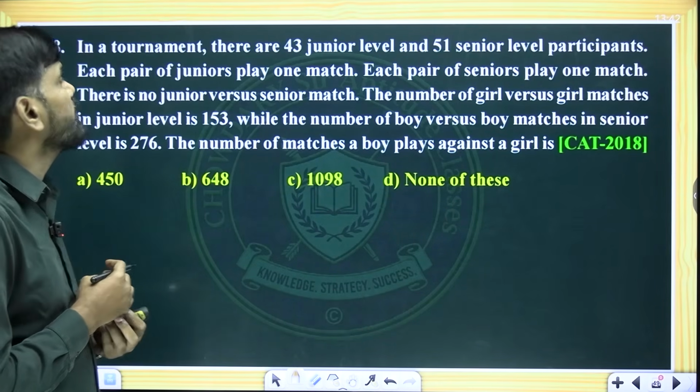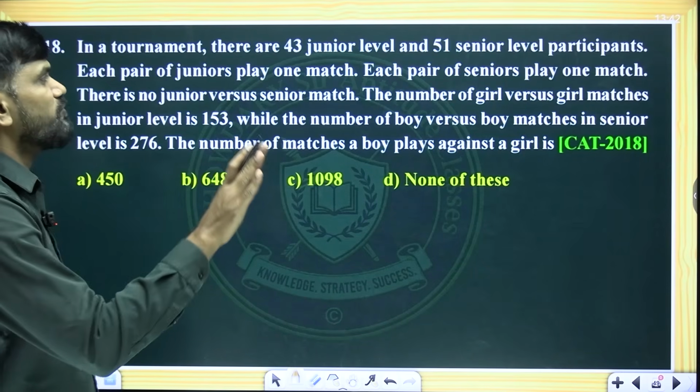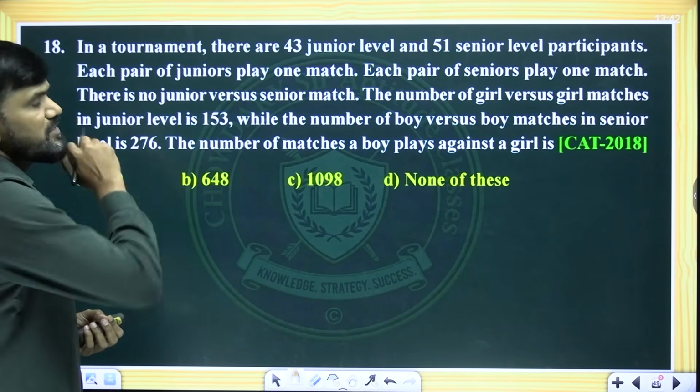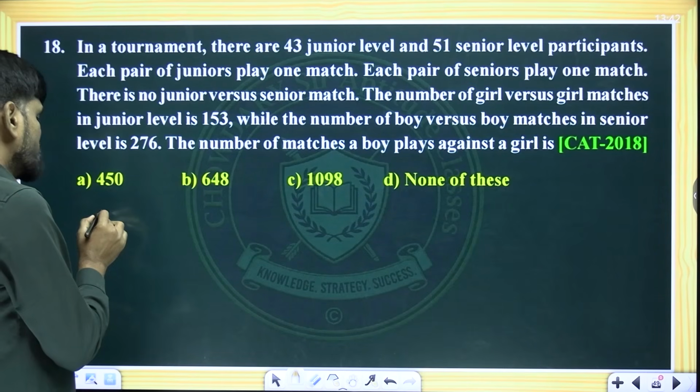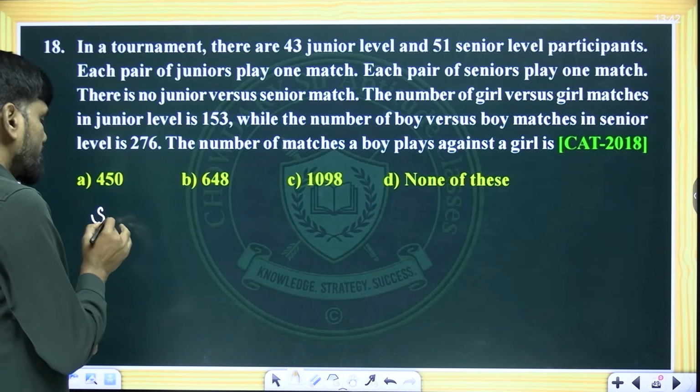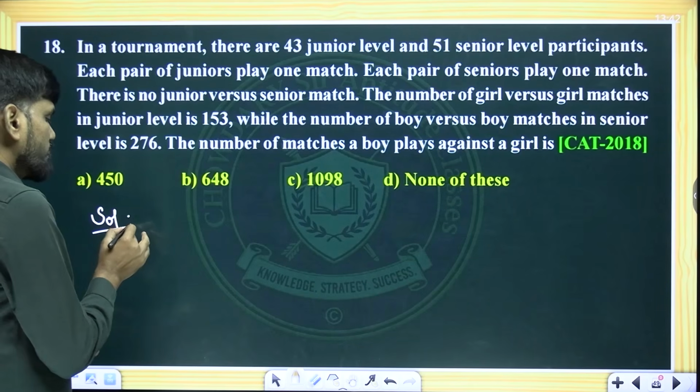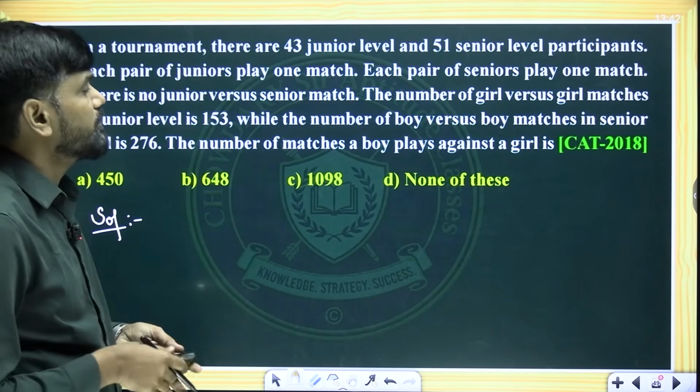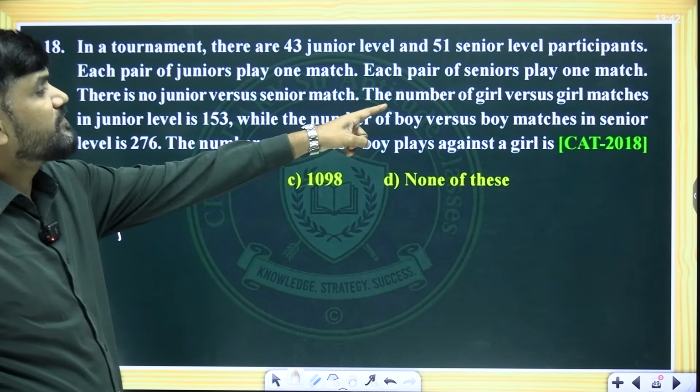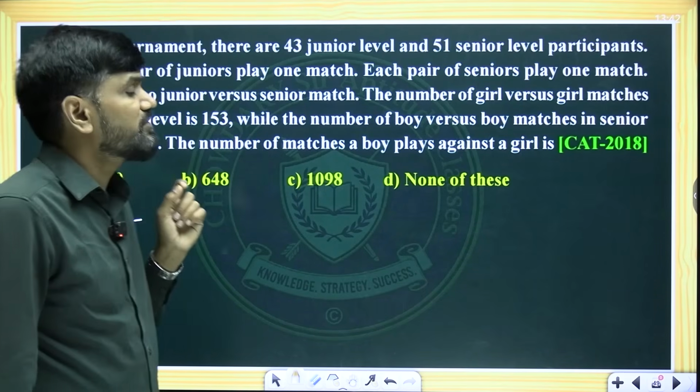Now, how do we handle this? We know that 43 junior level participants are there, 51 senior level participants are there. That is what is given. Further, they give the number of girl versus girl matches in junior level is 153.